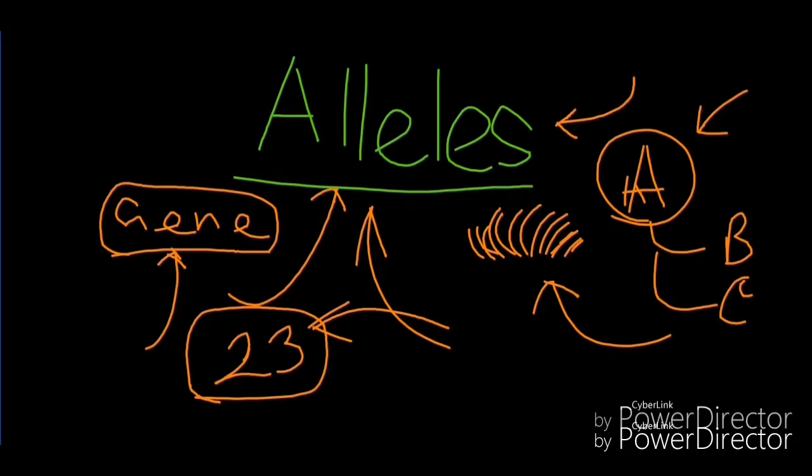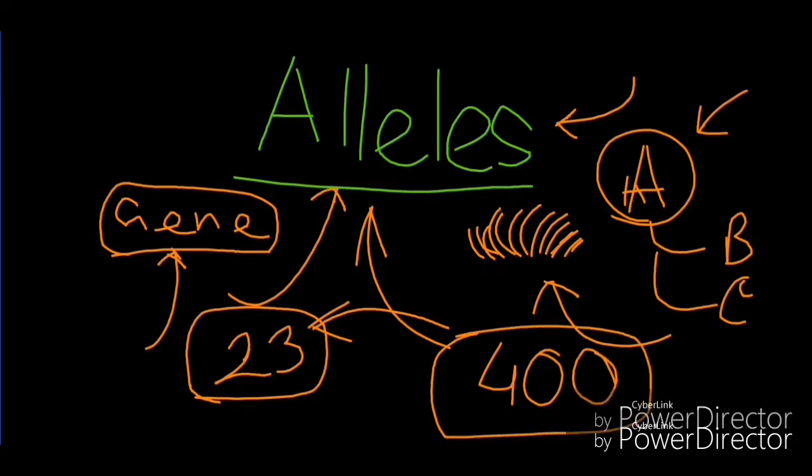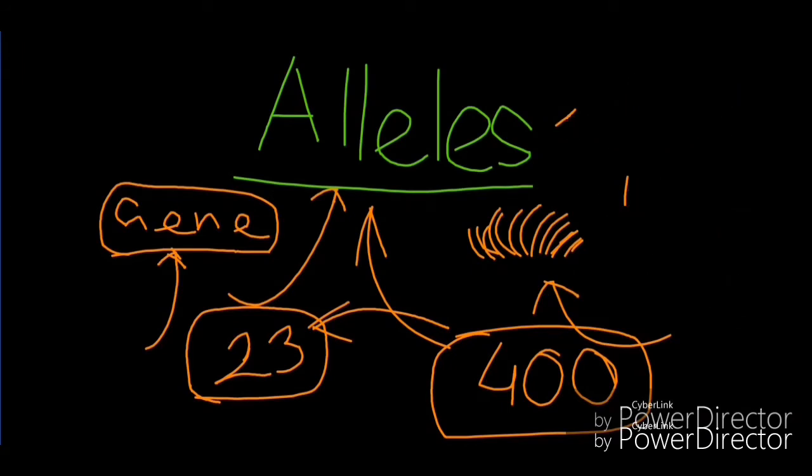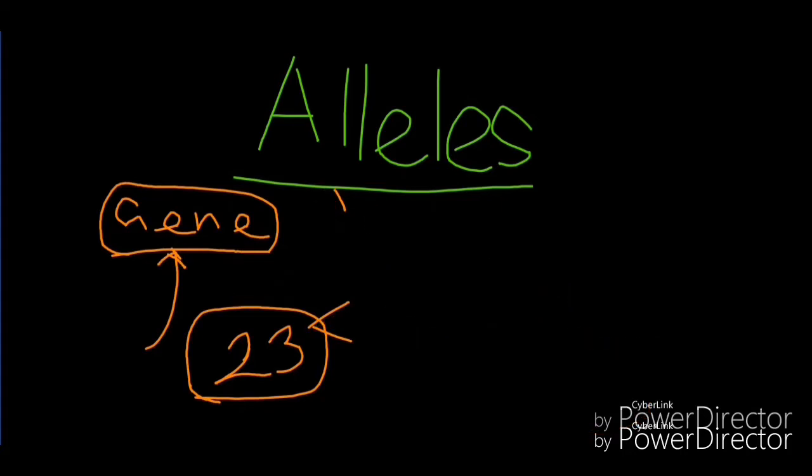Yes, you have genes, but in that case we'll call them alleles. Suppose your height is determined by 400 genes, and each gene has different versions, and each version is called simply an allele. So when we come to this concept called allele, we will see some more concepts which are very related to allele, and let's talk about that.